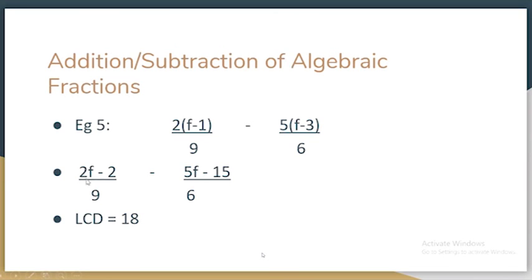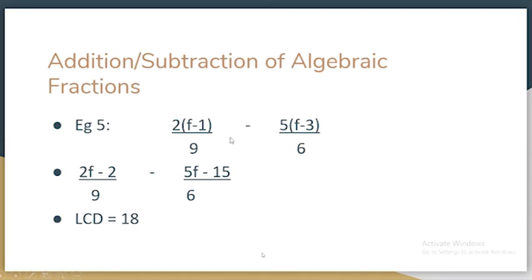Now, expanding the numerator, we have 2 times f gives us 2f. 2 times negative 1 gives us negative 2. 5 times f gives us 5f. Notice we are not saying negative 5. The negative is separate from the 5.